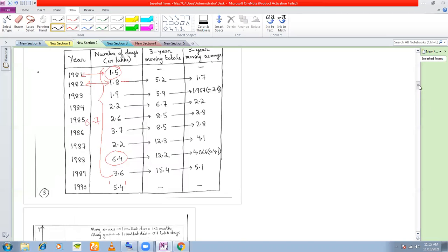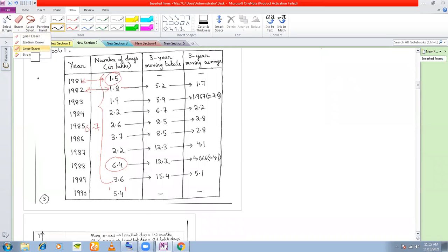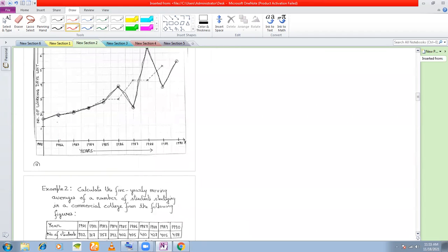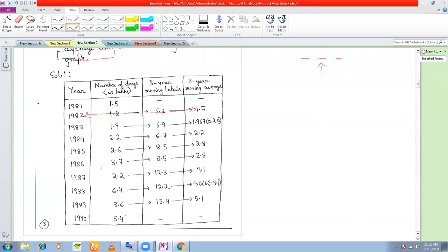Now, since I have calculated the moving averages also, I will also plot the moving average on the graph. So how do I plot the moving average on the graph? Against 1982, the moving average here is 1.7. So against 1982, I will plot 1.7, and I have given a cross, if you see, right? Again, for 1983, what is the moving average?